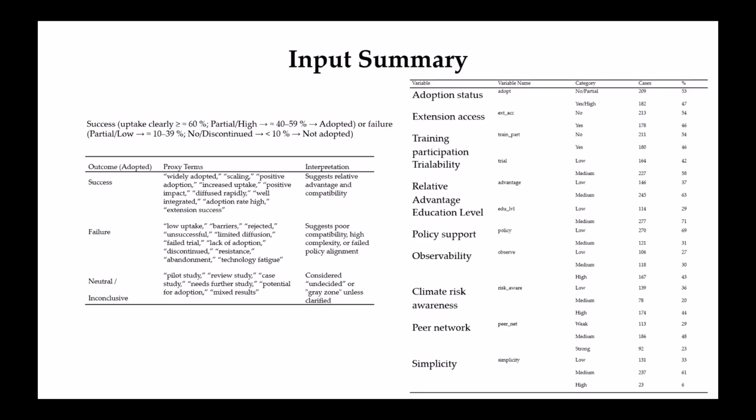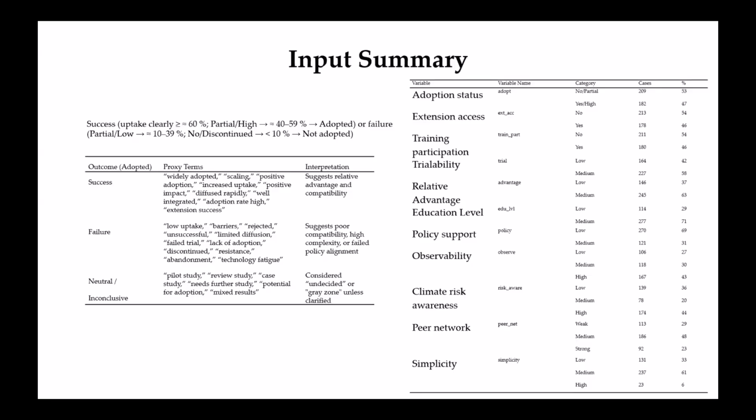So there are different predictor variables. Number one is adoption status. Adoption status is actually the target, but we can also see extension access, whether farmers have extension access. That's a critical piece. And then training participation, whether they were in training or not.